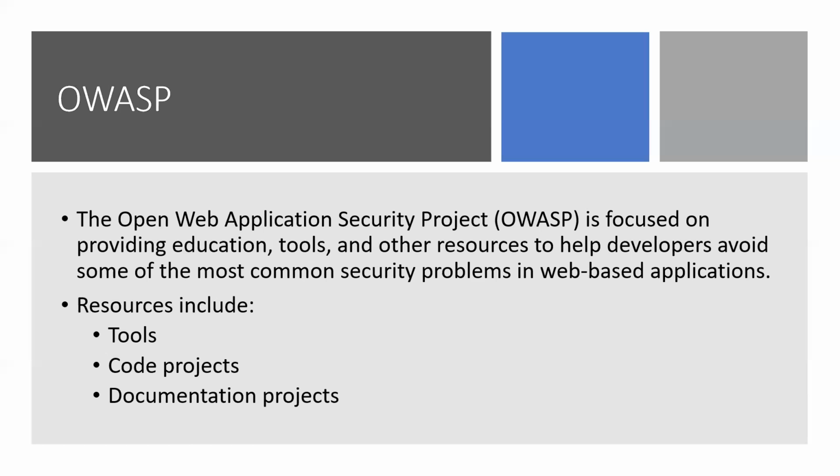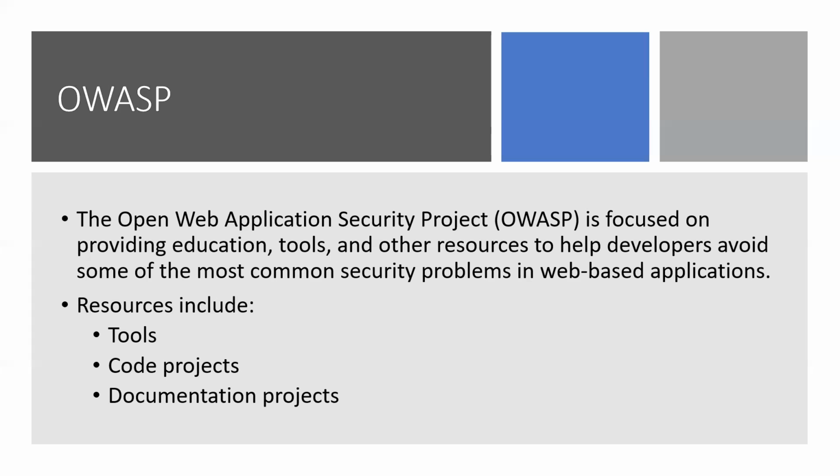So some of these resources include tools, code projects, and documentation projects. For tools, OWASP produces tools such as the Zed Attack Proxy, or ZAP, which looks for vulnerabilities during development, OWASP Dependency-Check, which looks for vulnerabilities in your code, and DefectDojo, which streamlines the testing process.